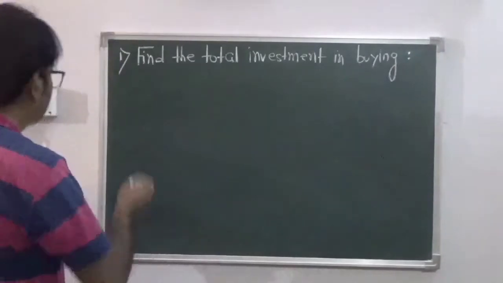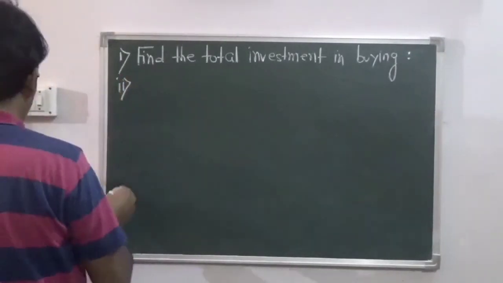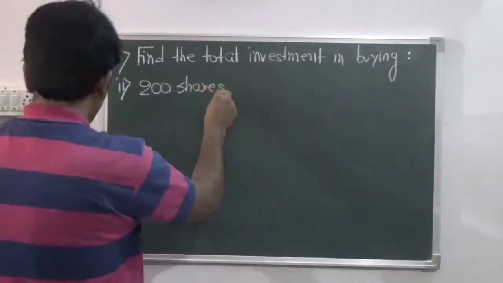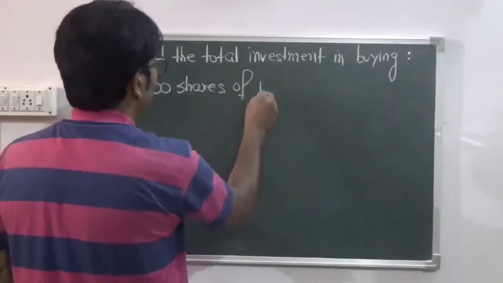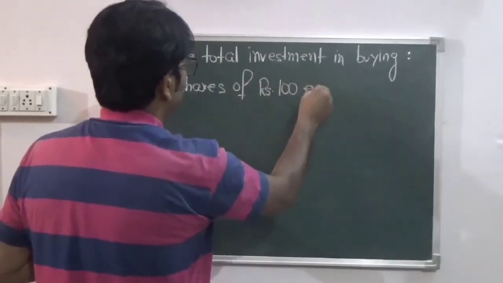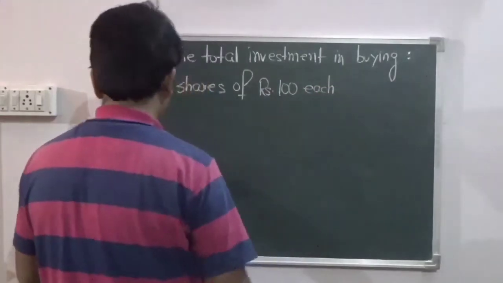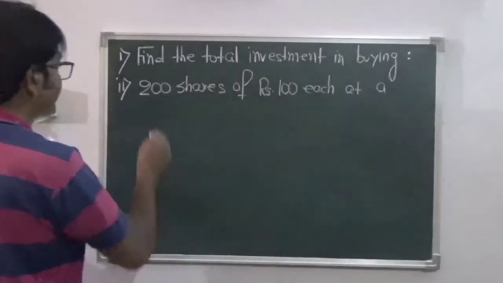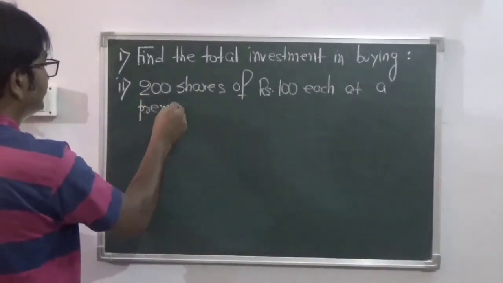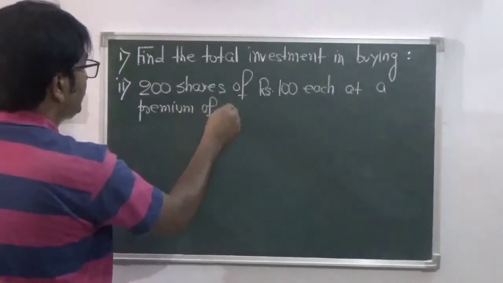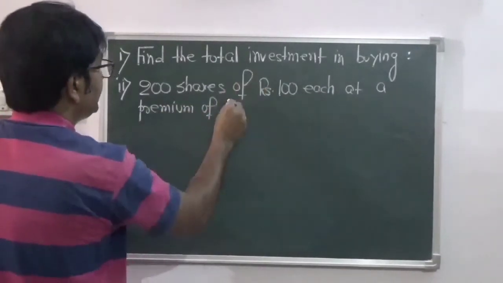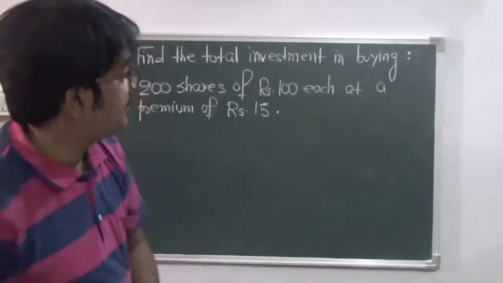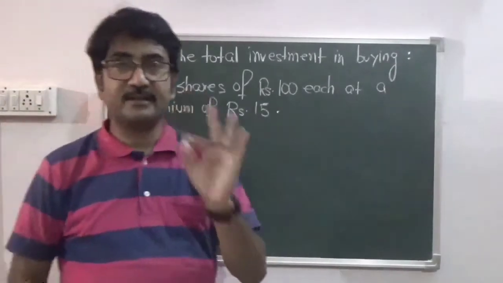The next one is number 2. 200 shares of rupees 100 each at a premium of rupees 15. Here it is at a premium, which means the market value is more than the face value.